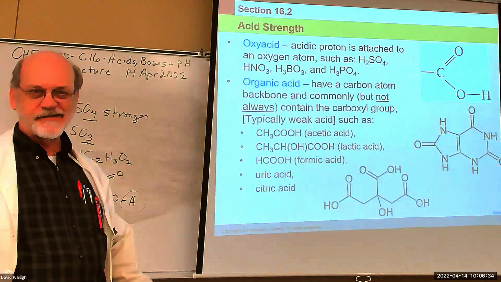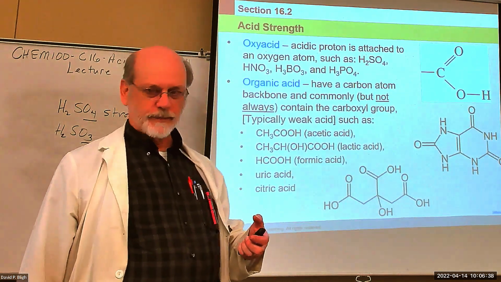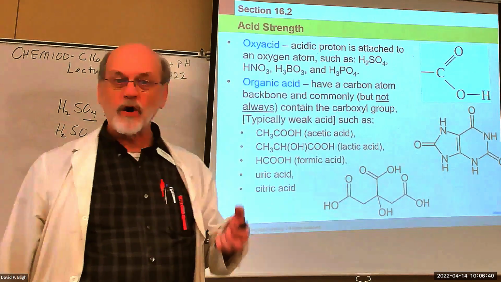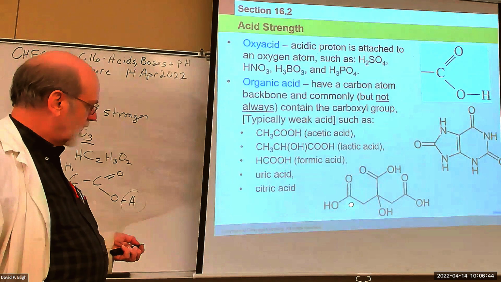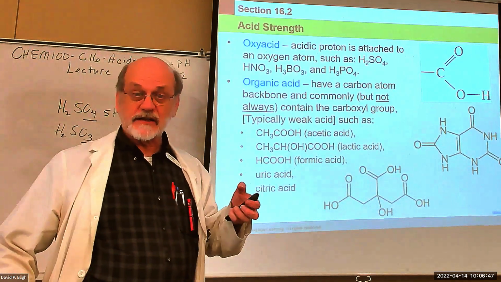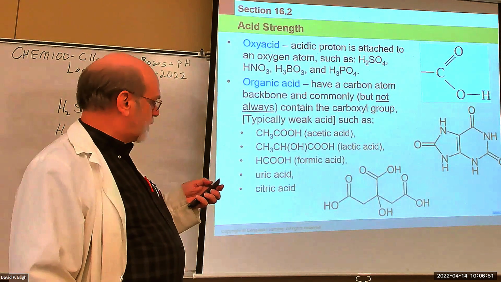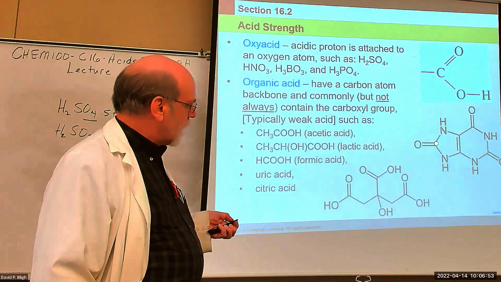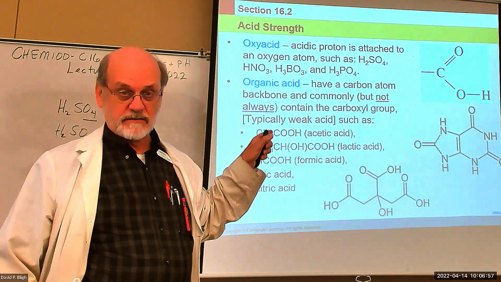Citric acid, right? Lemons, grapefruit, even oranges have this stuff in it right here. Now, the way we write these molecules, I didn't explain that. We write organic structures, it's typical wherever you have two lines coming together, there is an atom there.